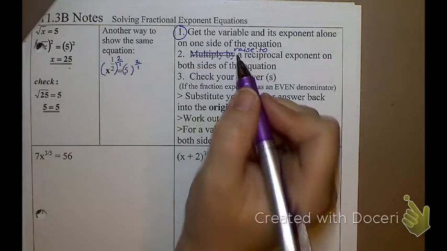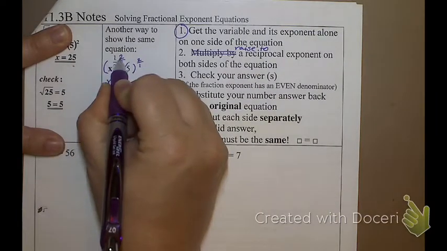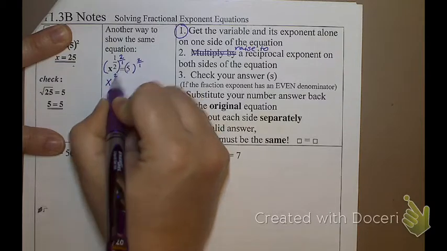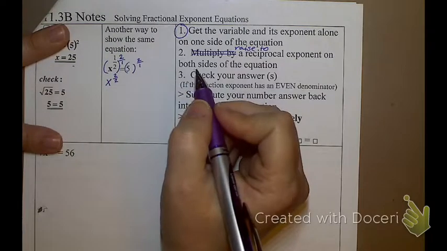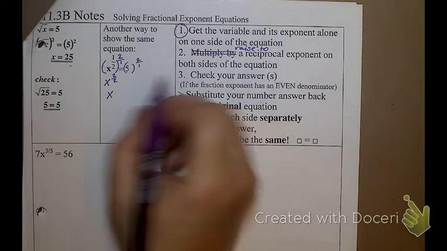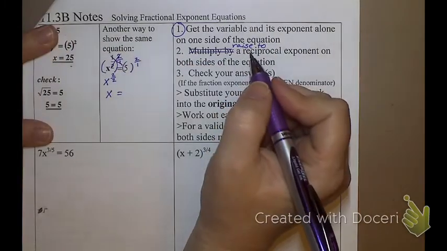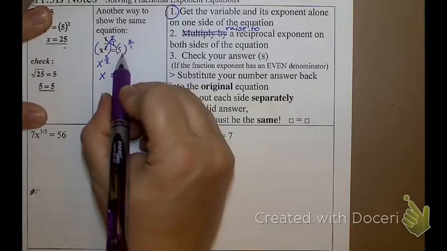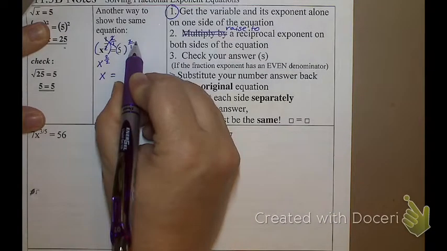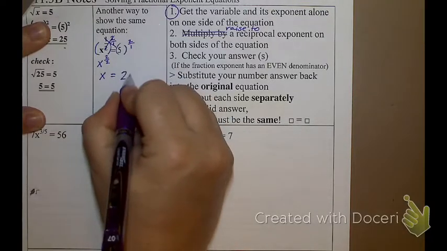Why do I raise to 2 over 1? Well, that gives me x to the 1 times 2 is 2, 2 times 1 is 2, and what is 2 over 2? 1. Which is just x. So by raising it to the reciprocal, it cancels out. And then on the other side, 5 to the 2 over 1, that's really just 5 squared, right? Yes. And that is 25.